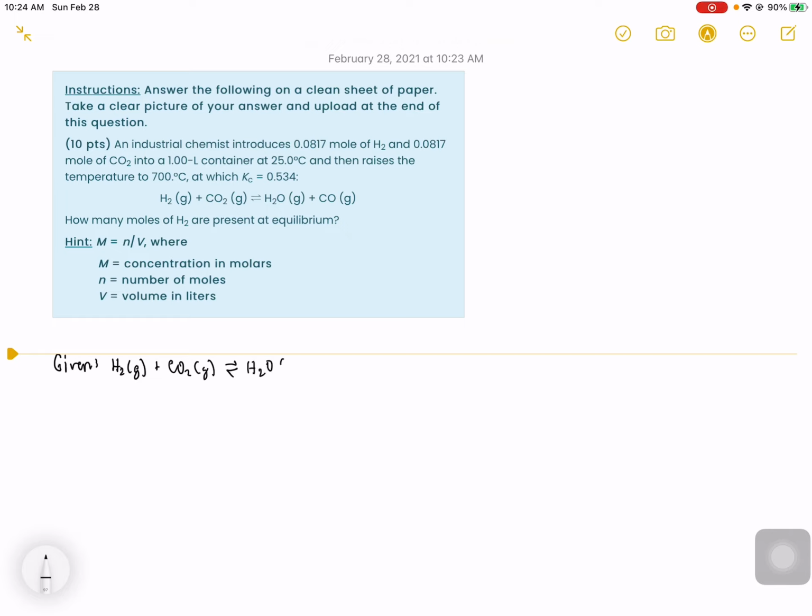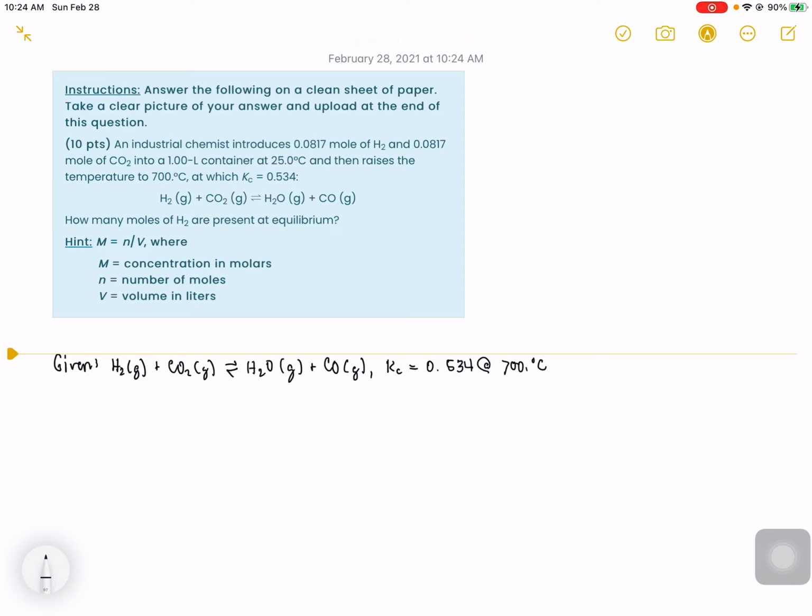Now for this particular equation, its value of K sub C at 700 degrees Celsius is also known, so we copy that one as well. K sub C is 0.534 at a temperature of 700 degrees Celsius.